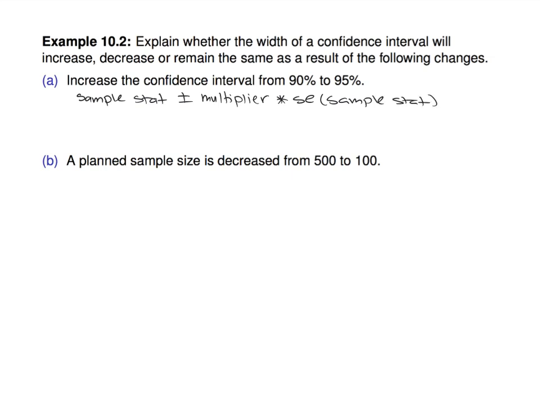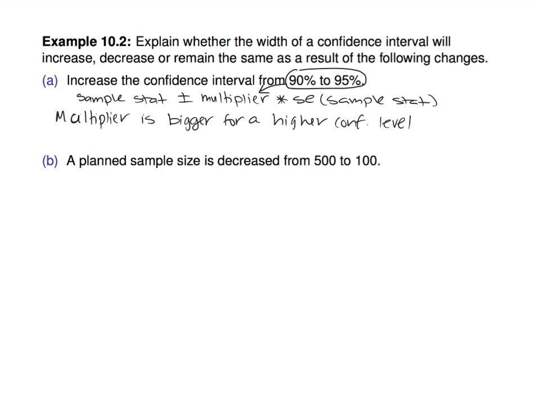Okay, now, what will the confidence level affect? What part of that interval does that change? That changes the multiplier. And the multiplier is bigger for a higher confidence level. You have a list of common multipliers for proportions, and if you look at them, the z star for 90% confidence is less than the z star for 95% confidence.